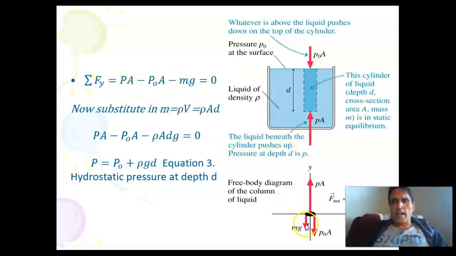Here's our free body diagram. mg is the weight of the fluid, and that's negative because it's pointing downward. And the pressure at the top times A is also a downward force, P0A, and that's also negative. If we're dealing with statics, the sum of the forces must be 0 in the y direction, the vertical direction, so we set the three of these forces equal to 0.